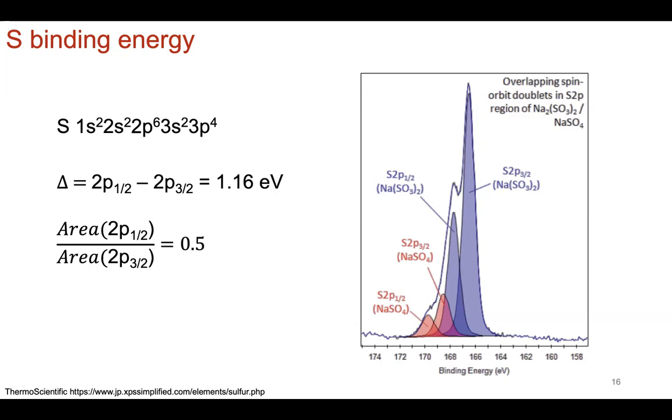Okay, so it has to do with spin orbit coupling. So there's spin orbit coupling, which is spin angular momentum coupled with orbital angular momentum.